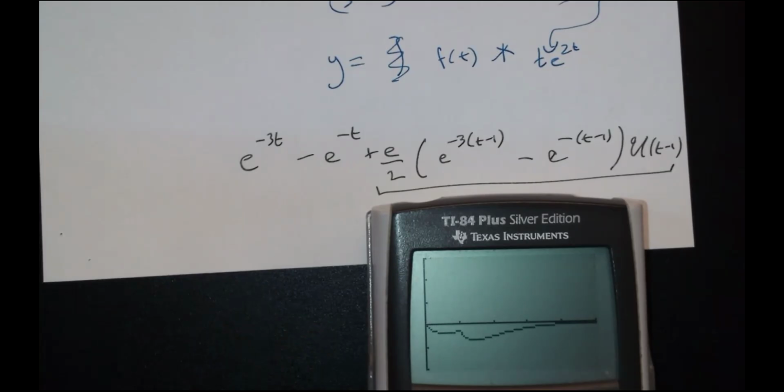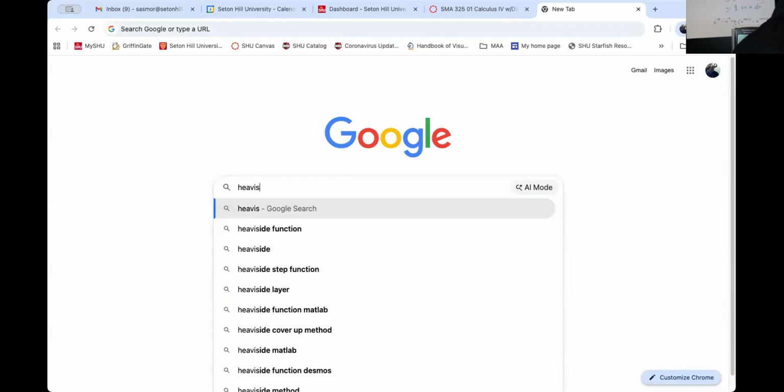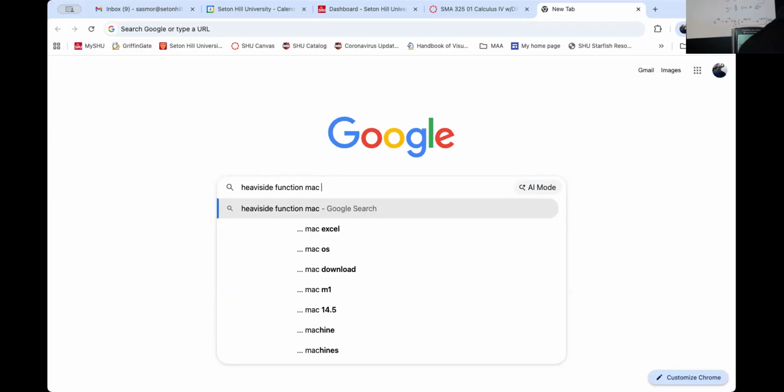Or screenshot it if you want to. I know there's a way to do the Heaviside function on the Grapher. I just don't know what it is. Let's cheat. Let's look that up. And look, I added a slider, and I think that was the difference. Heaviside function Mac Grapher.